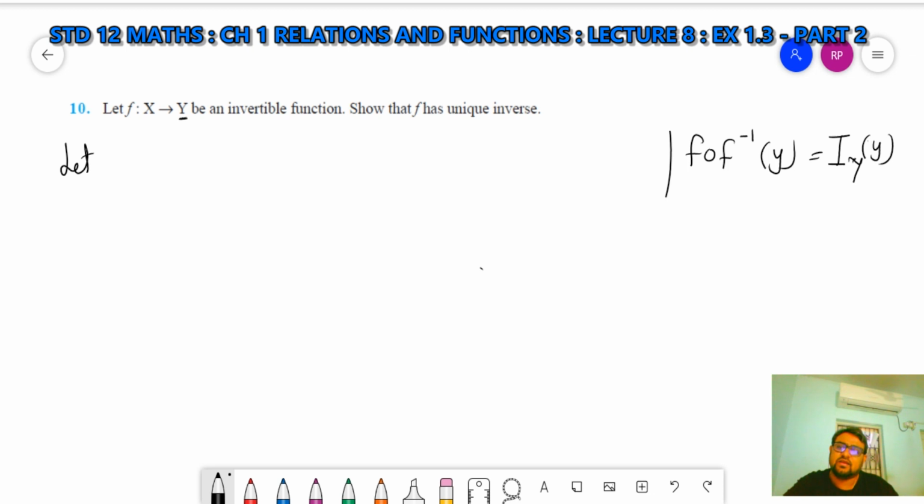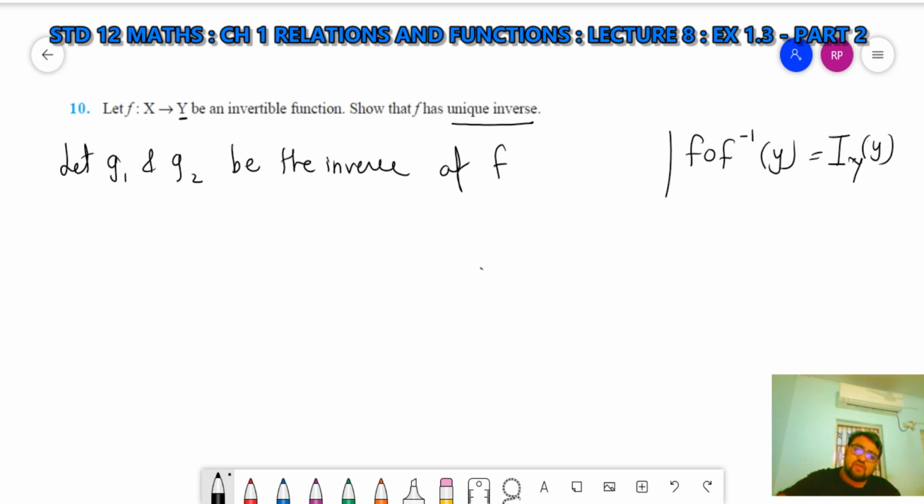Let g1 and g2 be the inverses of f. Means see, I am taking two inverses. You have to show that it has a unique inverse. So I took two inverses, g1 and g2. Now I will prove that g1 will be equal to g2.